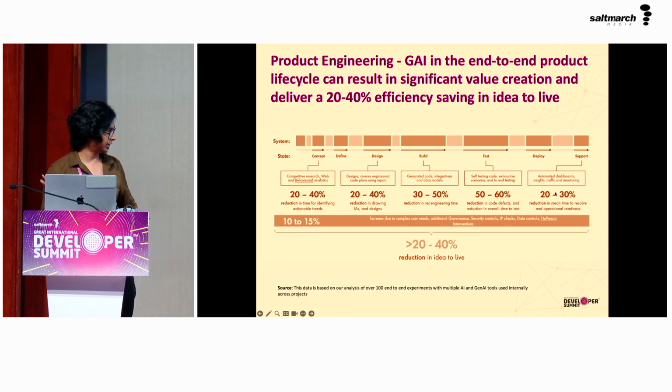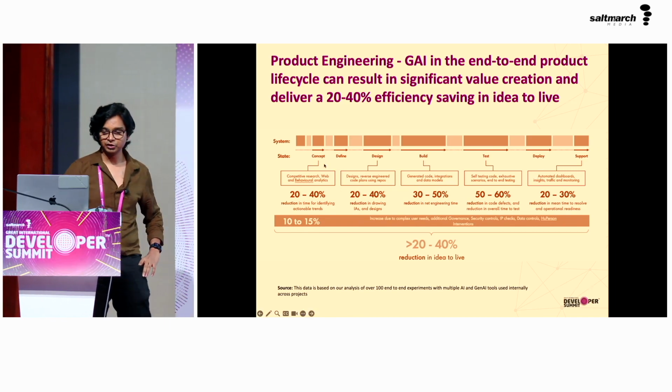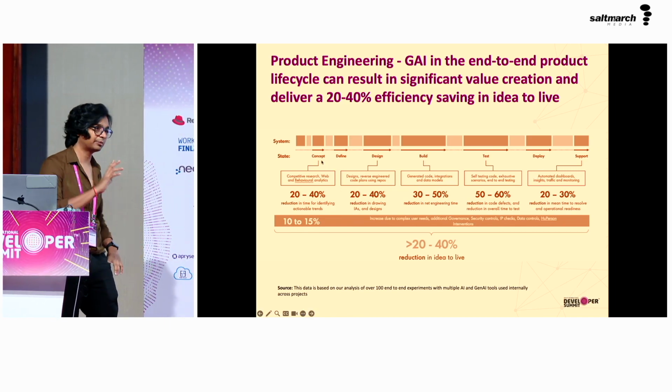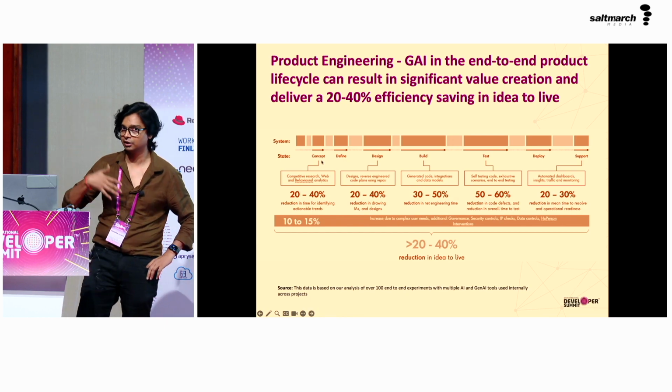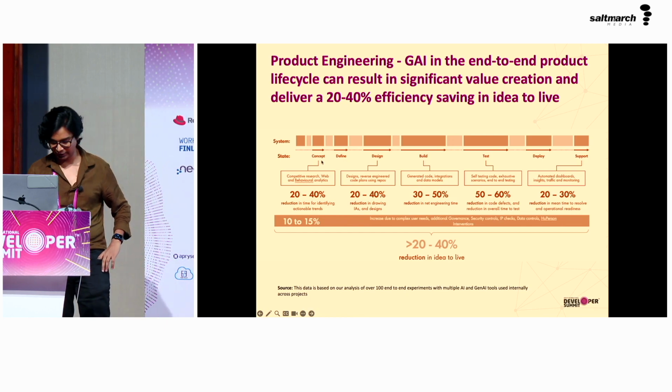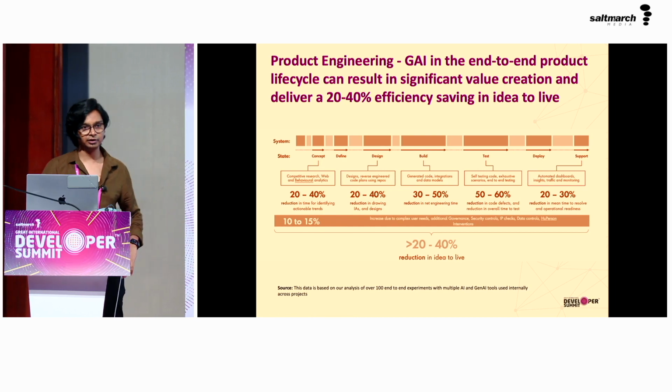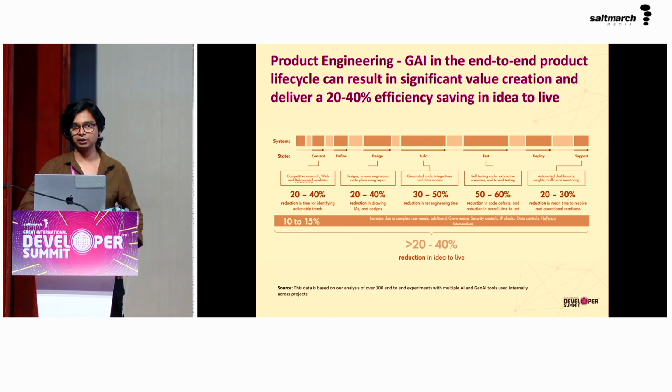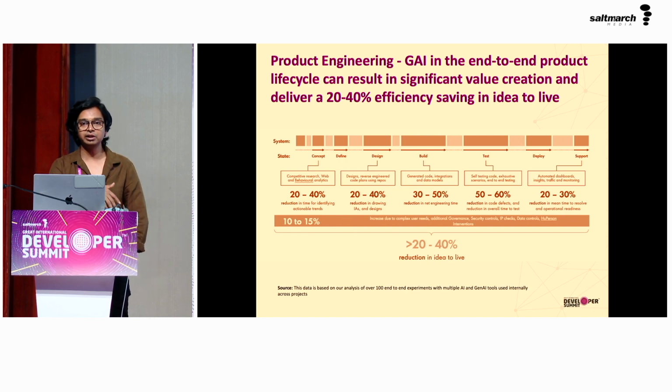This is based on over 100 experiments. In fact, we built a lot of tooling around initial concepting. We created something called backlog AI. We created our own ChatGPT equivalent. We created a lot of fine-tuned models, had an end-to-end pipeline. We created test suites powered by GenAI. And now we are using these.